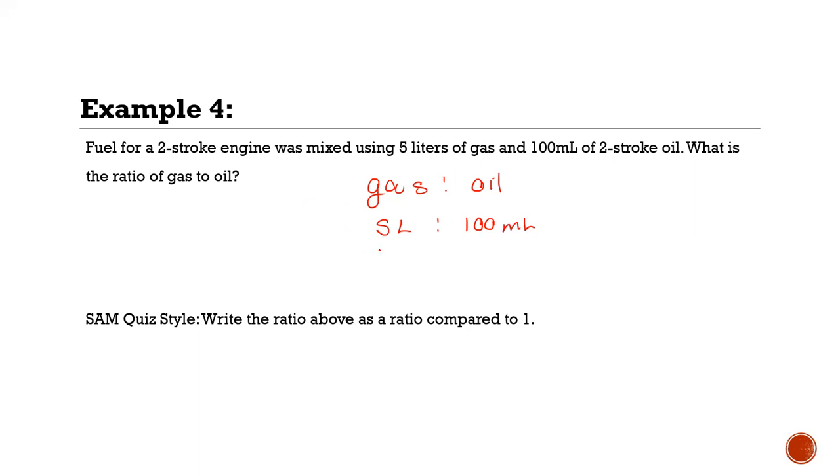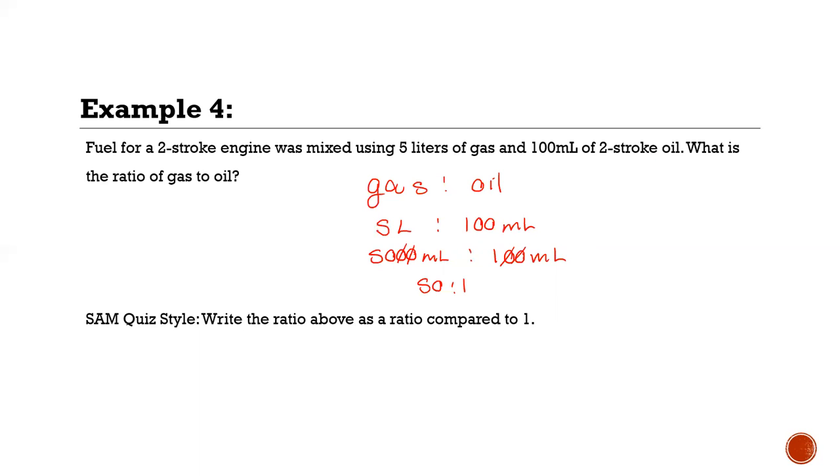Typically what we'll do is we'll say, well, we've got 5,000 mils, convert the liters to milliliters, to 100 mils. And if you divide both sides by 100, it gets rid of 2 decimals on each, so we have a 50 to 1 ratio.